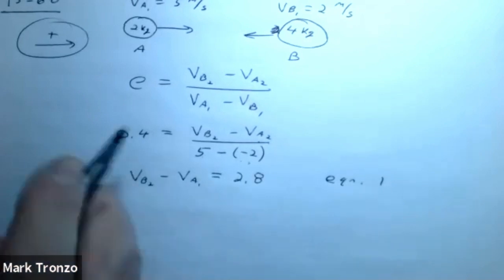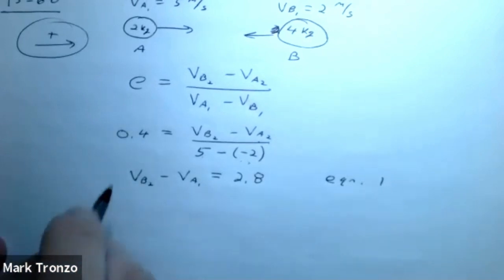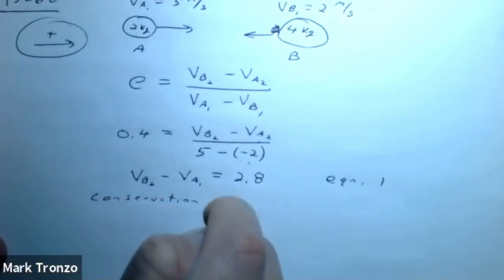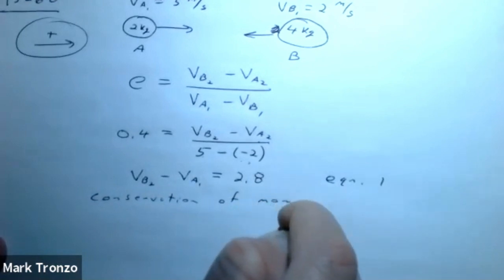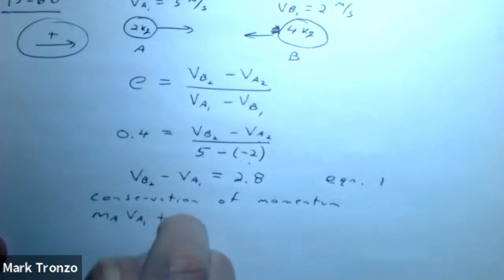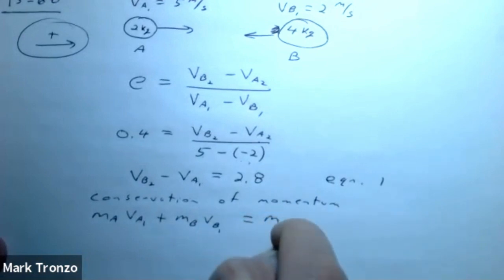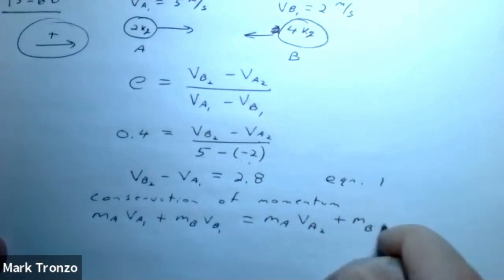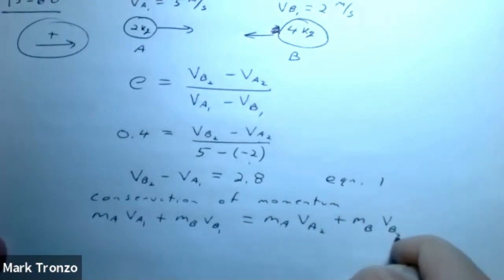And again, we need another equation, so we can use conservation of momentum: mA vA1 plus mB vB1 equals mA vA2 plus mB vB2.